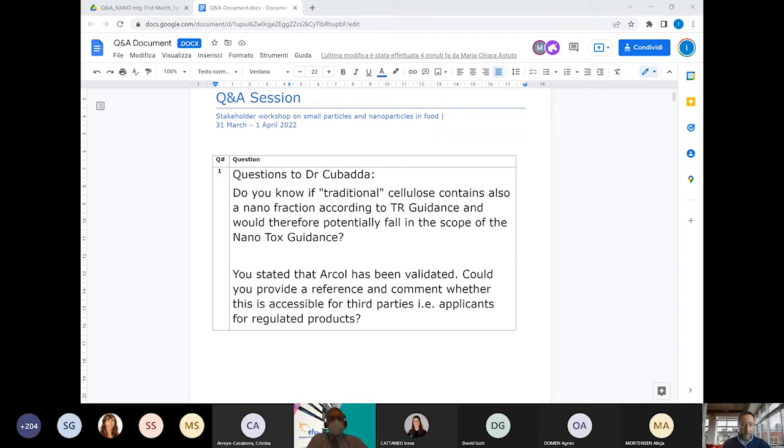So in theory, these materials might be eligible for an investigation about the possible presence of a small fraction. And for the second question about the colon model, this model has been designed by the MEDIS group, which is based at University Clermont Auvergne in France.